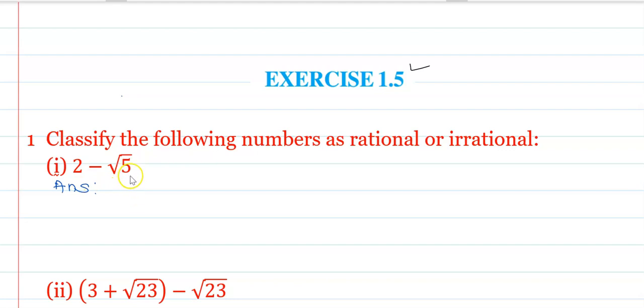Root 5 is an irrational number and 2 is rational, so rational minus irrational is irrational. Therefore, I will write 2 minus root of 5 is irrational.